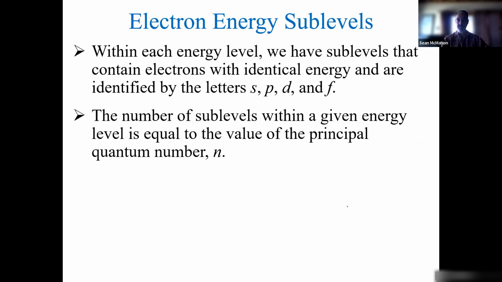So the number of sublevels in an energy level is equal to the energy level itself, which is, again, n, your principal quantum number. In this course, we don't deal with the 4 quantum numbers, but we introduce quantum number n, which shows the energy level, basically the period on the periodic table.